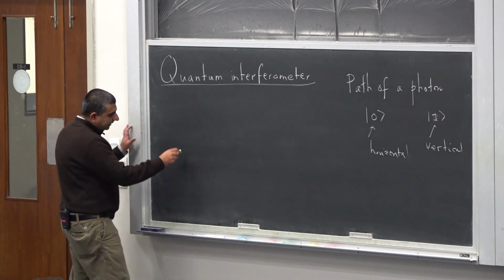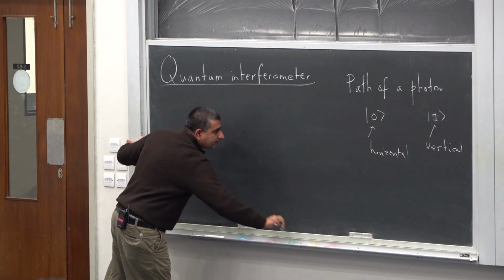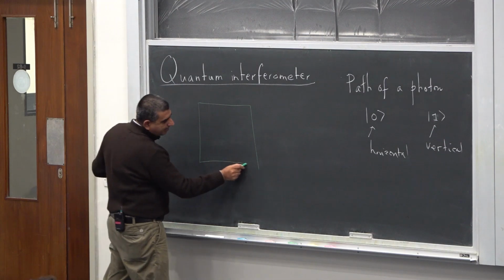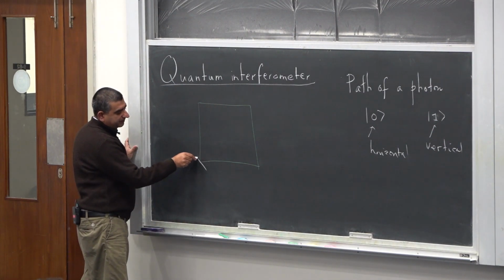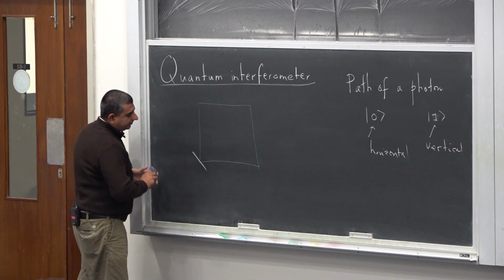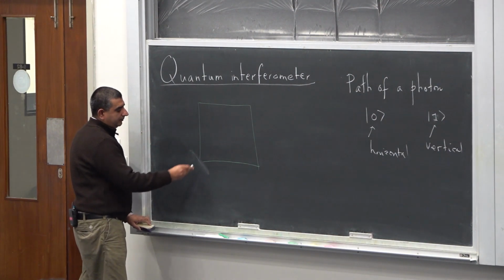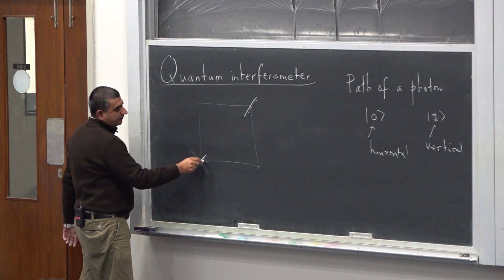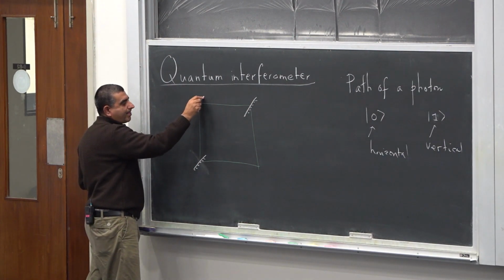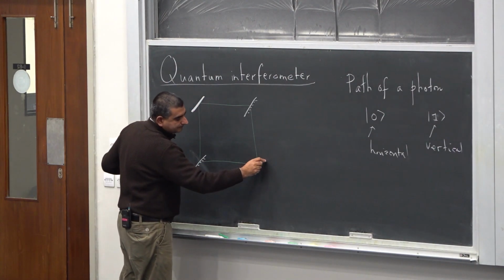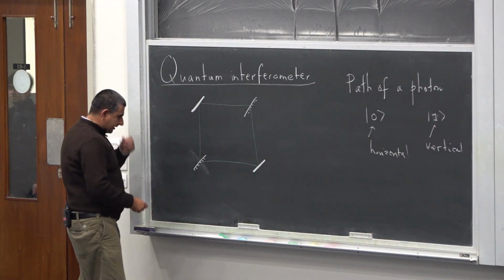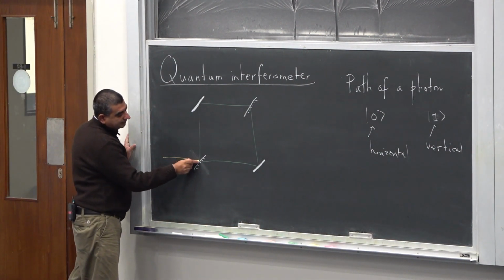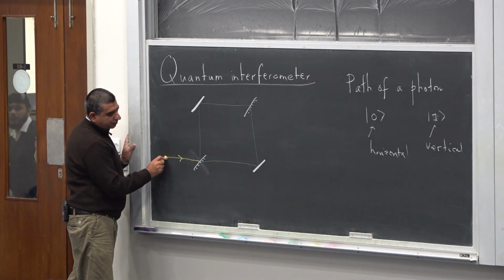So here is our interferometer. In order to draw this, I have to first build a skeleton. My first beam splitter, my second beam splitter, my 2 full mirrors. A photon comes in the horizontal path, single photon, just one photon.